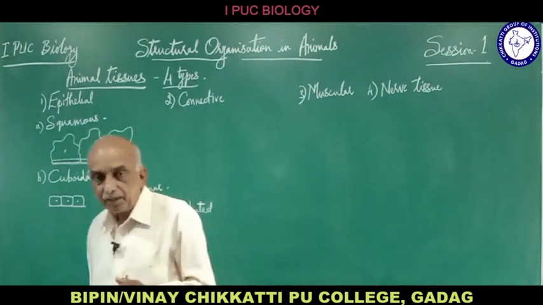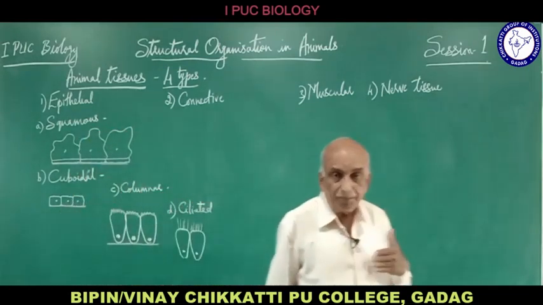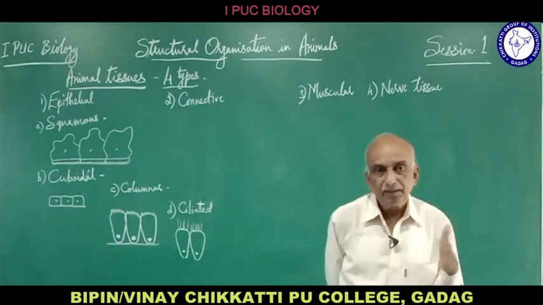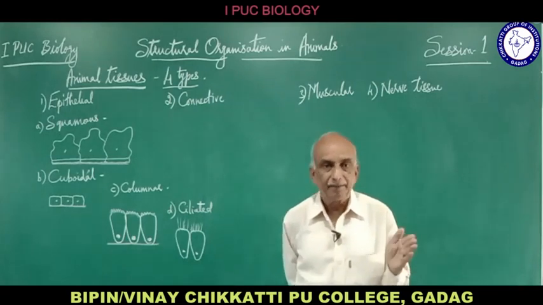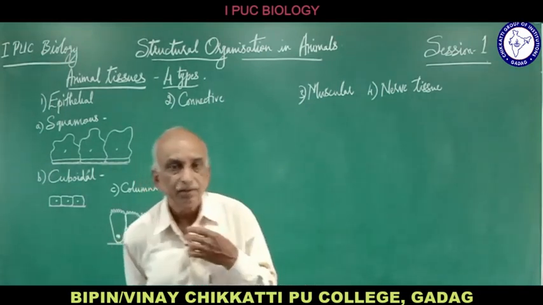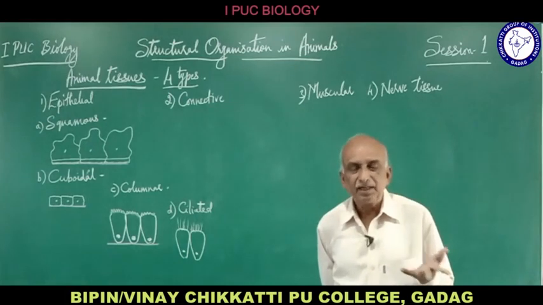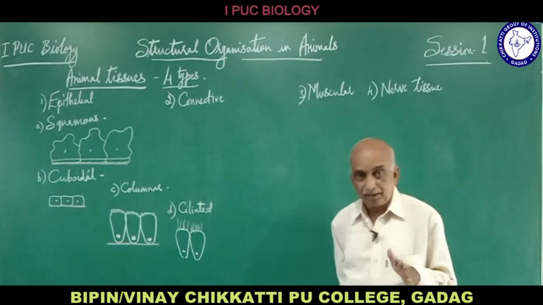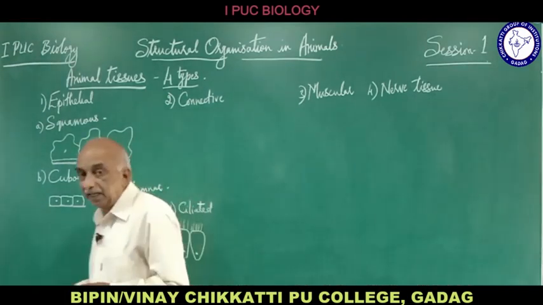There the rhythmic beating of the cilia causes the movement of the mucus in the respiratory tract. In the fallopian tube, it helps in the movement of the egg or ovum after fertilization. So this is ciliated epithelium.